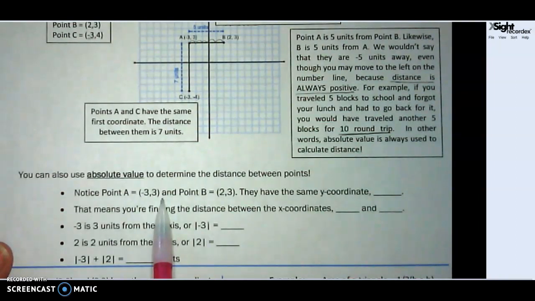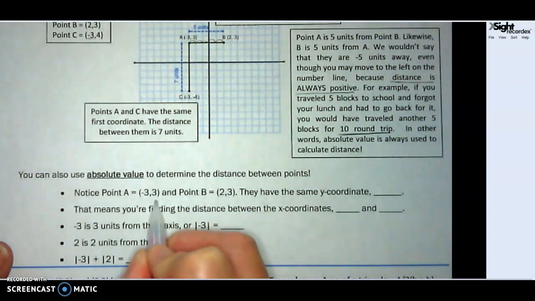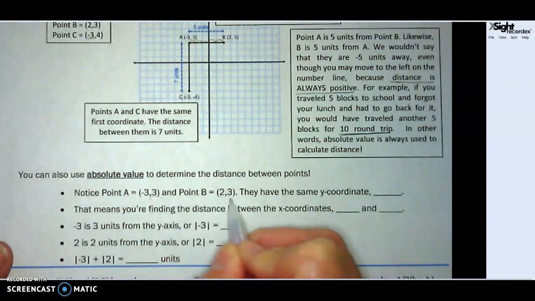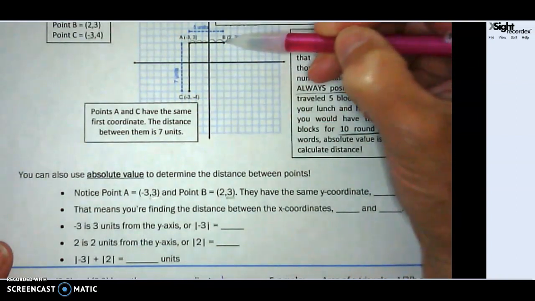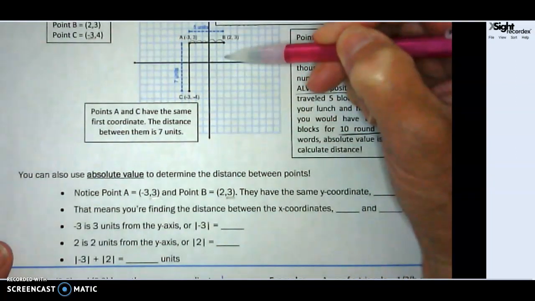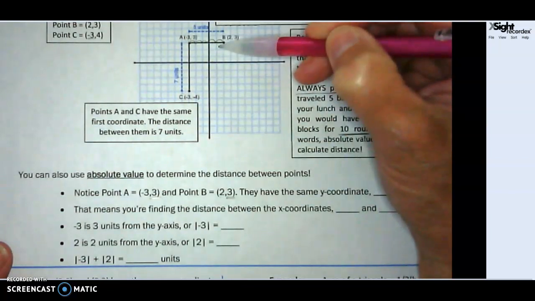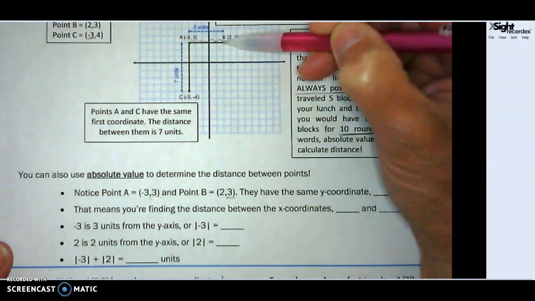Notice that point A is equal to -3, 3. B is 2, 3. So the y values are the same. That means they are on the same line, okay? They are 3 away from the x-axis.